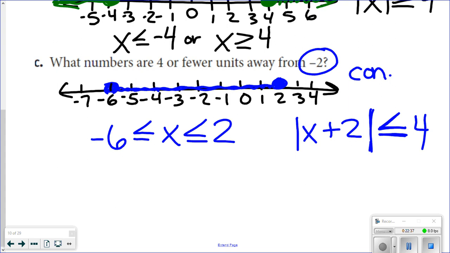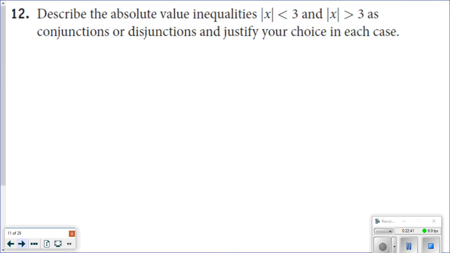All right. Question 12. Describe the absolute value inequalities as conjunctions or disjunctions. So if I look at this first one, the absolute value of x less than 3. So this is asking you which x values, or what numbers, are less than 3 units away from 0.